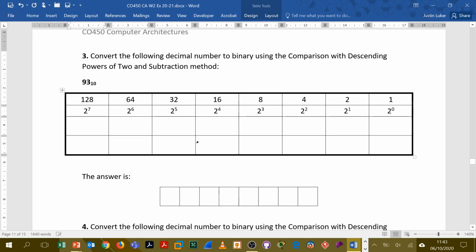So let's have a look at this one. 93. Okay, so 128 is much bigger. 64 isn't. So 64 we can take away.